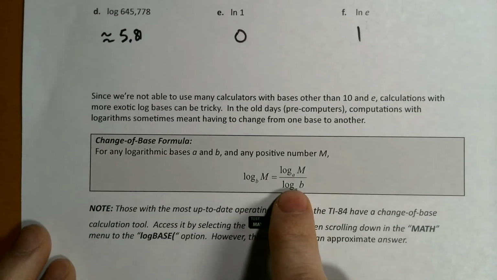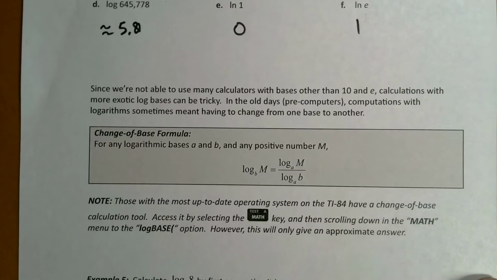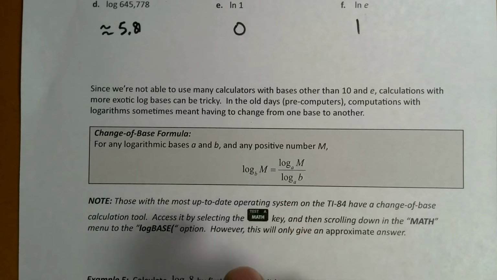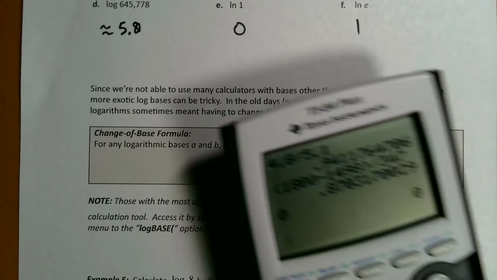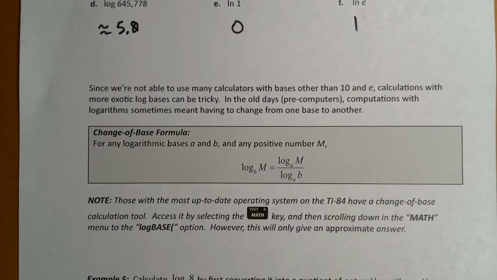This formula used to be super useful. If you use the helps in MyMathLab, they actually have you using this formula. It was partly because the TI-80 series calculators didn't used to be able to do change of base formulas. Same thing with Desmos, but I'm going to show you how to use Desmos to do the change of base formula.